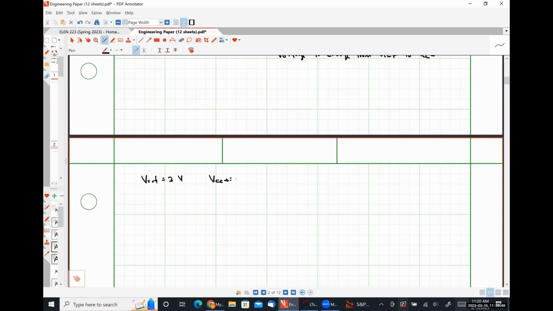VCC plus is equal to positive 10 volts. VCC minus is equal to negative 10 volts. R1, I believe I have as 3 kilo ohms. And R2, I believe I have as 10 kilo ohms.